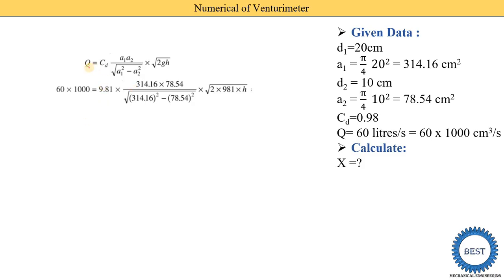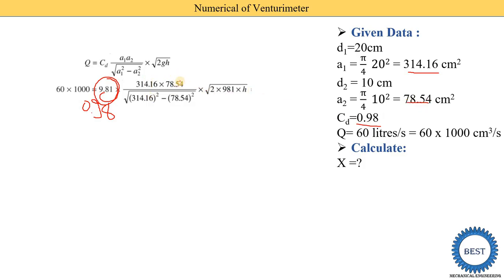So first we put the value of Q, it is 60 into 1000, and the unit is centimeter cube per second, into CD, it is 0.98. By mistake here the 0.98 is written differently, but it is considered as 0.98. A1 is 314.16, A2 is 78.54.